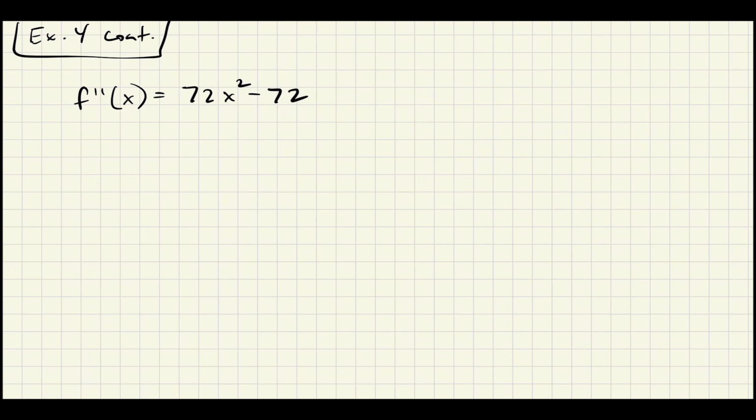Okay. So I'm going to do the exact same thing I just did, but now with this guy. Set it equal to 0. GCF 72. I get x squared minus 1.